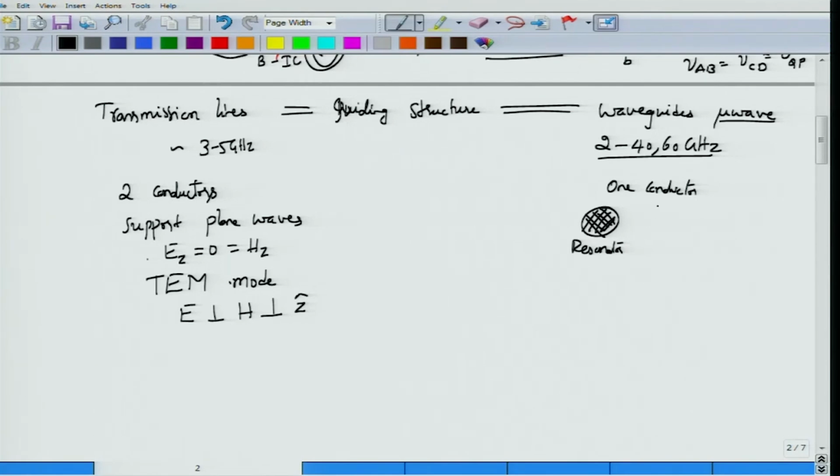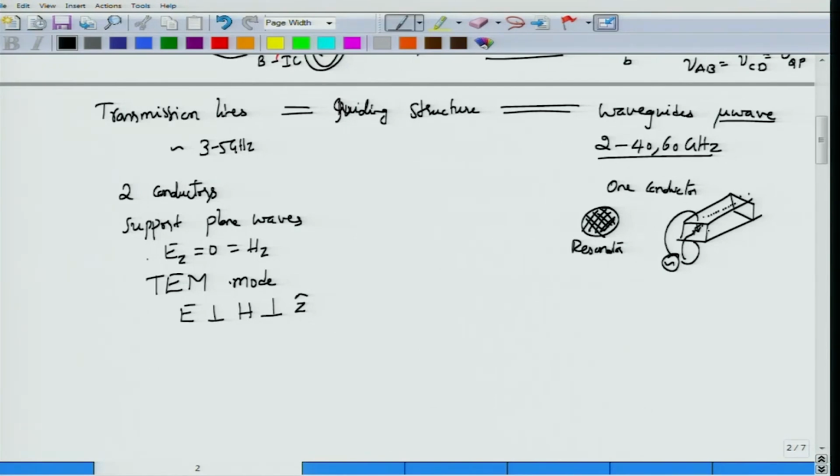But with one conductor, for example, if you are able to make a box out of this conductor, keep it hollow at both ends and then launch your voltage here. You would launch voltage by actually connecting some voltage source to the conducting plate. This would create an electric field and magnetic field, and these are transported from one side to the load side.